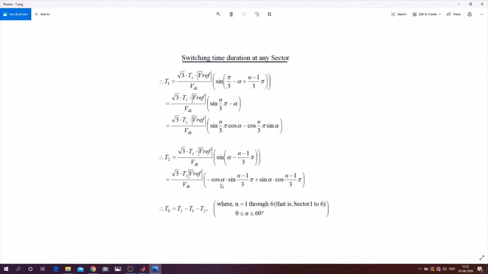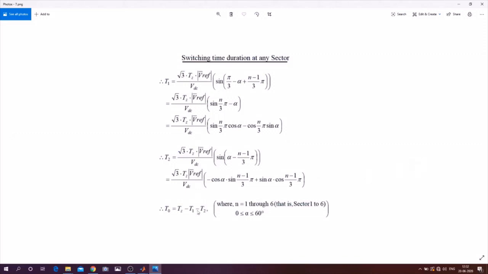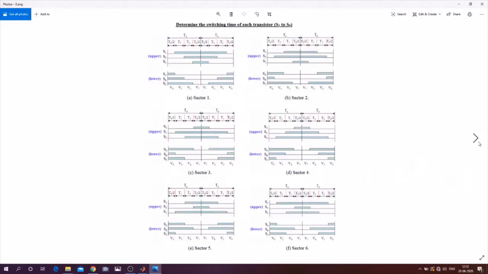And this alpha varies from 0 to 60 degrees. After determining this formula, we will get the switching time duration for every sector over here. This is for the upper 3 switches, switch 1, 3, 5, and this is for the lower 3 switches, that is switch 4, 6 and 2.